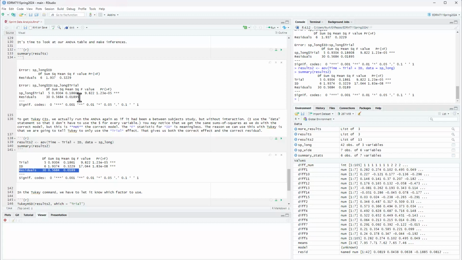Our residual here is the same as it is here. So if I know what I'm doing, I actually could have used this table and I would not have had to get a projection. I would not have to use that projection function in order to get my residuals.